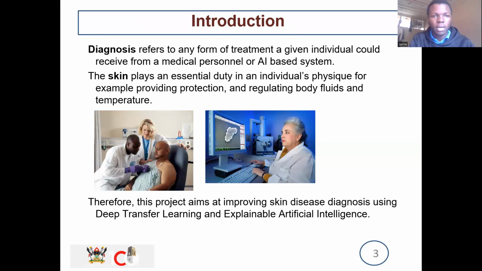The skin, again, is one of the mega organs on our body, and it plays an essential duty in an individual's physique, for example, protection and regulation of body fluids and temperature. And like you're seeing in the description, we have someone getting a diagnosis for a particular illness. So for our project, we are going to be looking at improving skin disease diagnosis using deep transfer learning and explainable artificial intelligence.